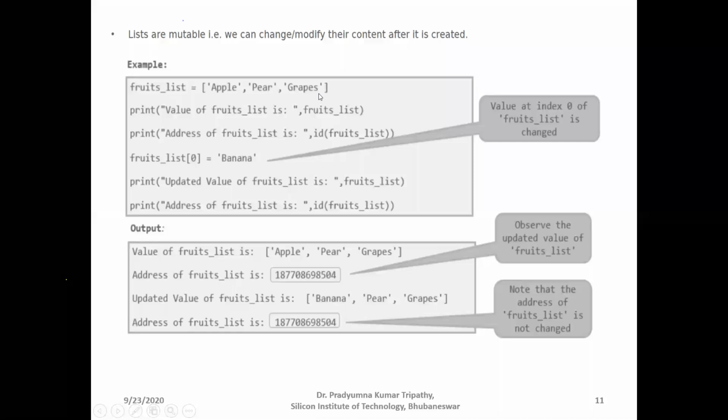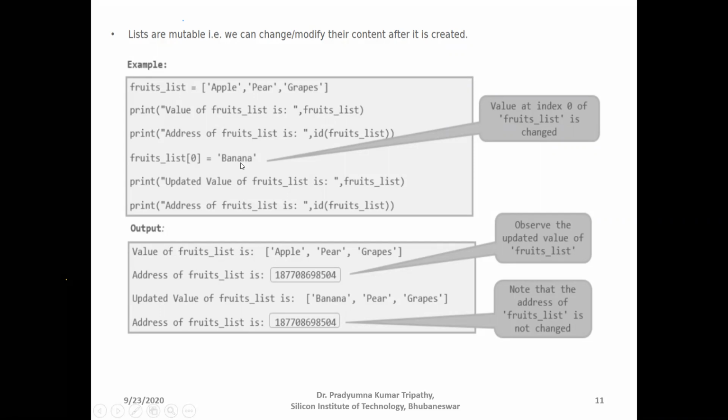This is the address where the list is being stored. Like in an array, the starting address is stored; similarly, the list is stored at some location, and that location is over here. Correct. Now, if I print fruit list of 0, what will it print?